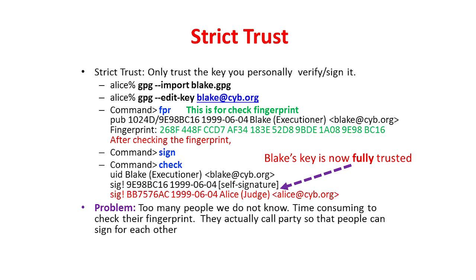Even though this strict trust and personal verification is the safest, when we are dealing with a lot of people to interact securely, it may be too slow to verify each of the fingerprints of people's public keys. And also we don't know whether we can trust other people to carefully vet other people's credentials.